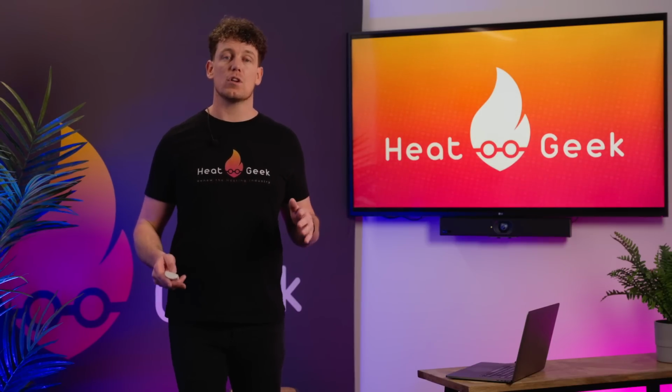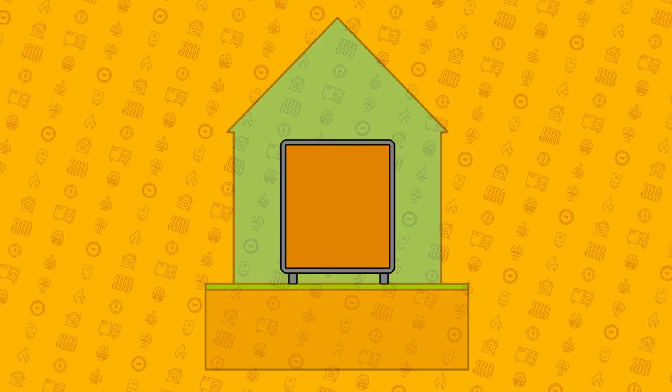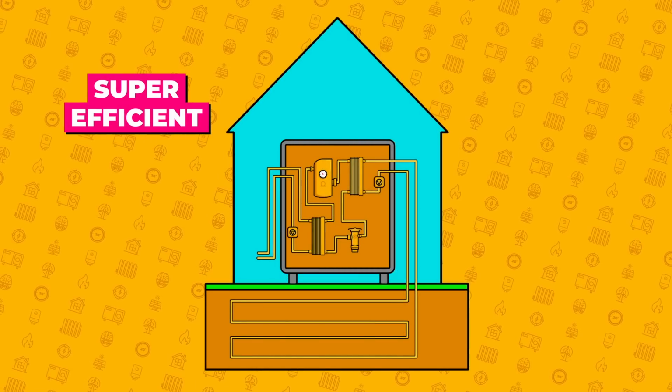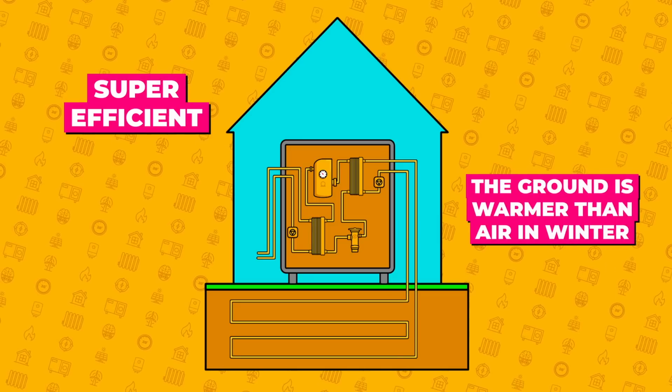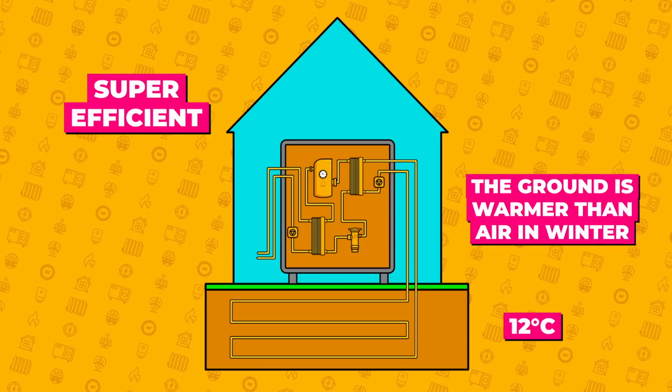If siting the outdoor unit is difficult though, you can use the ground as your heat source. Ground source heat pumps were historically more efficient than air source, as the ground temperature is a lot more stable than the air. And as most of the heat is generated in winter, having a ground of around 12 degrees Celsius increases efficiency.